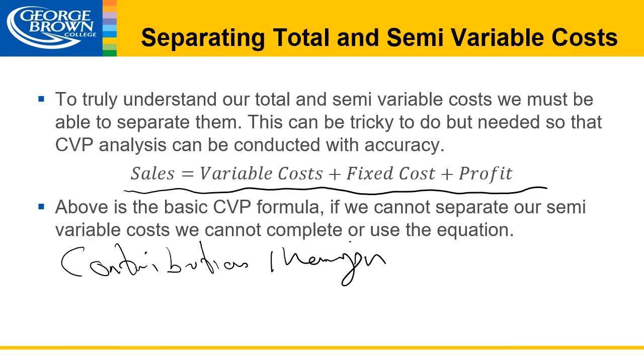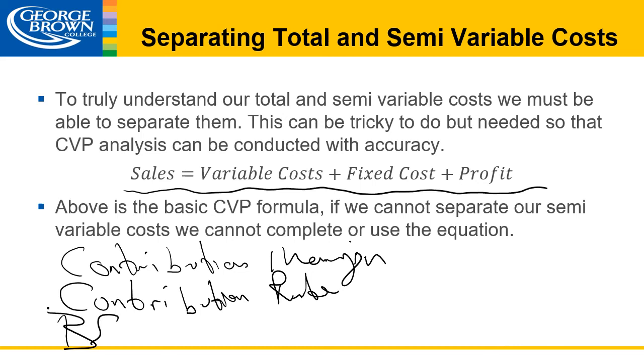And thus, as a result, we can't calculate our contribution rate, and even our break even. But as I said before, we also want to separate our semi-variable costs, which again is a cost that has a fixed and variable component, into the two components.